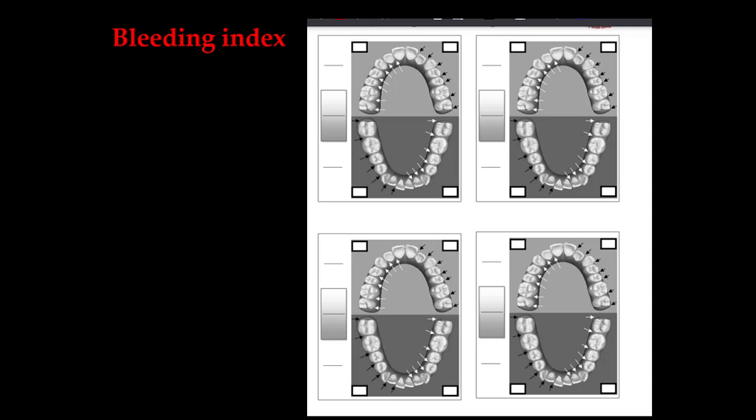First, we have to measure an index, so it is not logical to perform this test at all the papillas. We have palatal papillas, buccal papillas, lingual papillas, and labial papillas. This is called the papillary bleeding index, the index of the bleeding at the papillas.